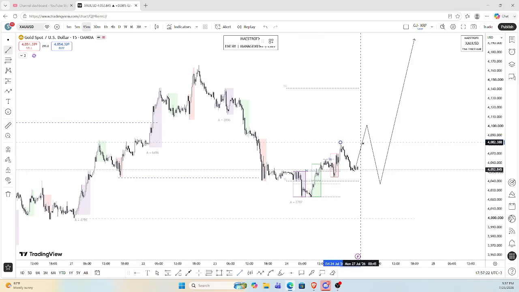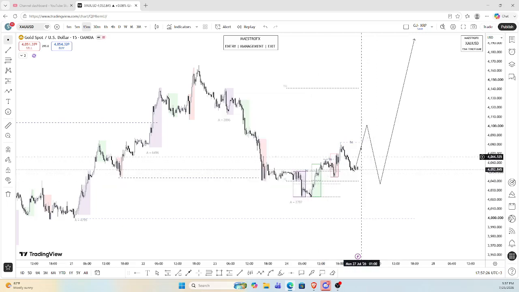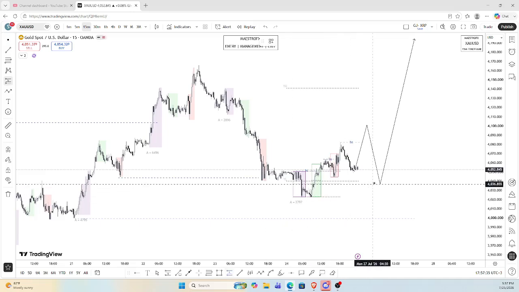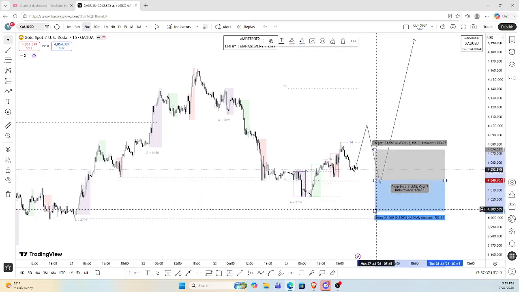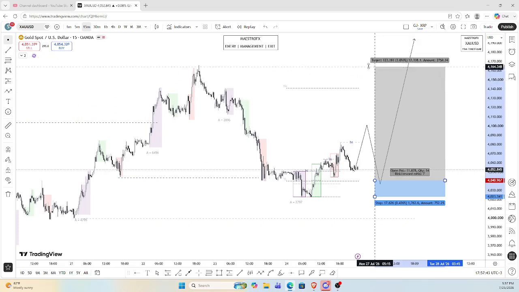Then after this break of structure, we take all this internal liquidity, and for this case we can have this long over here, stop loss down here, and targets up there.